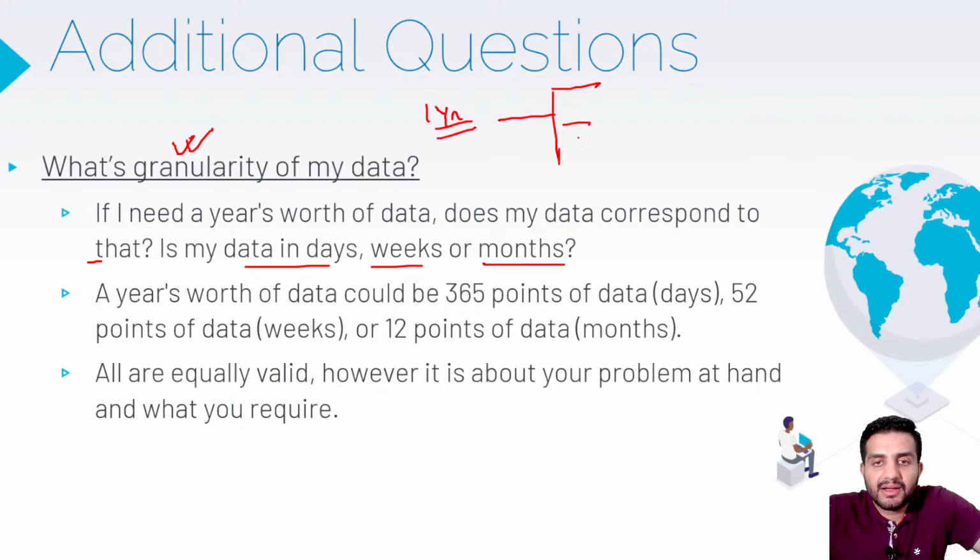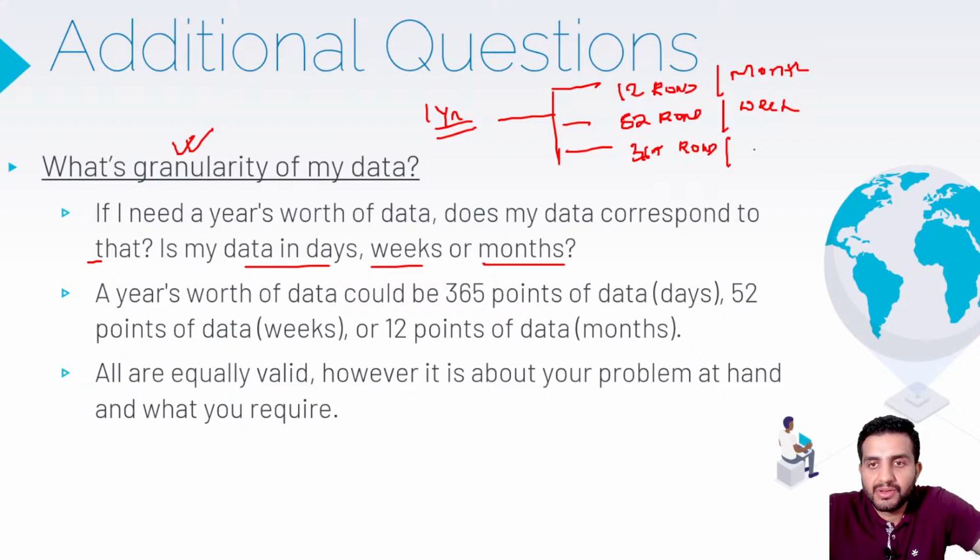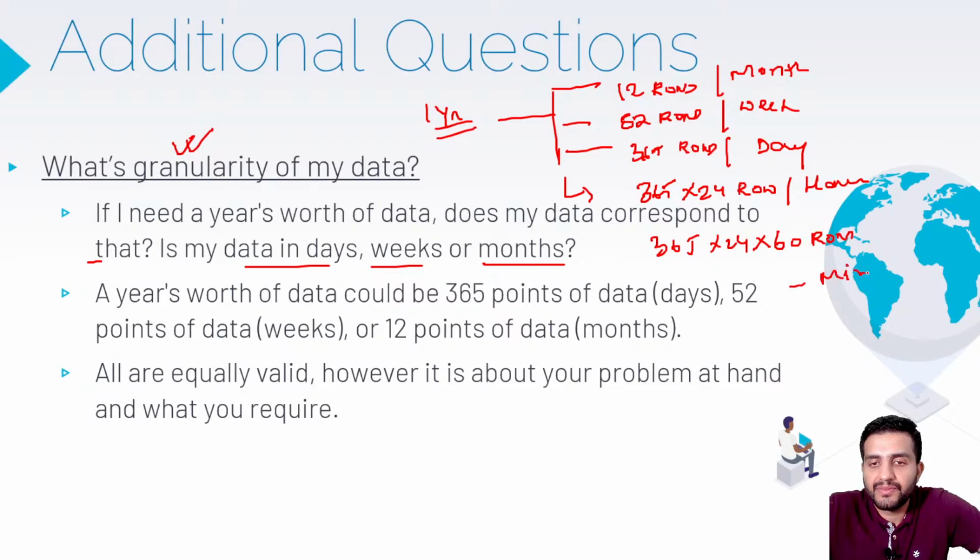So 1 year of data can have 12 rows, which is per month, can have 52 rows per week, can have 365 rows per day, can have 365 cross 24 rows per hour, and 365 cross 24 cross 60 rows per minute.